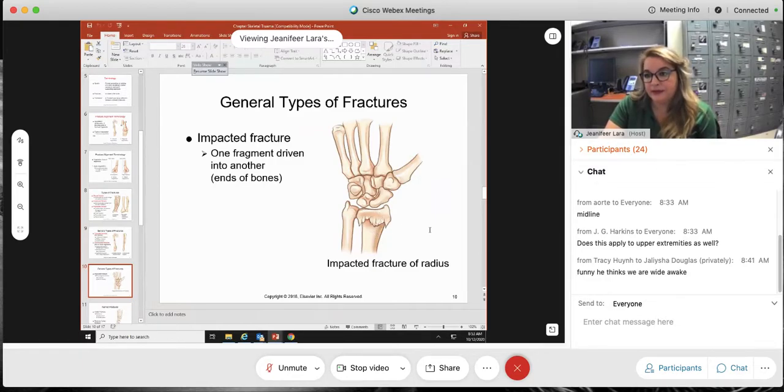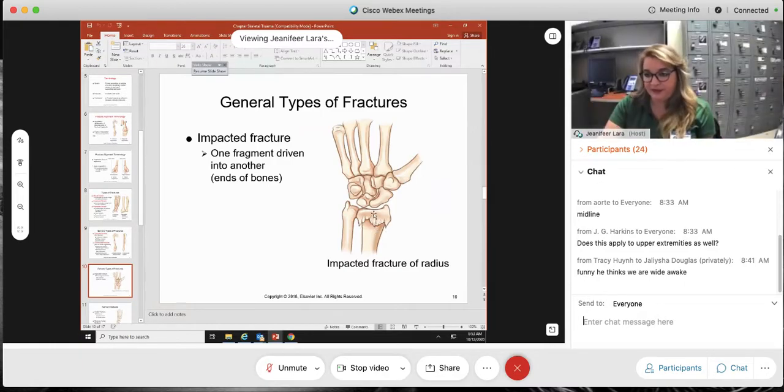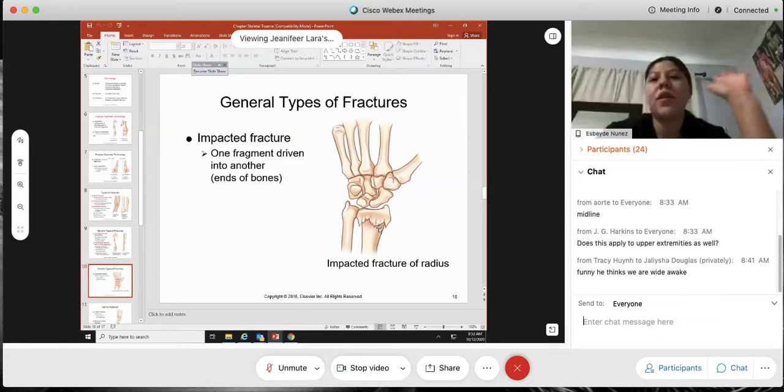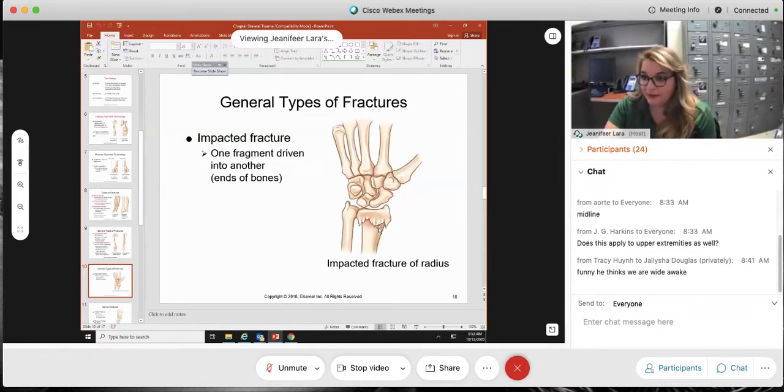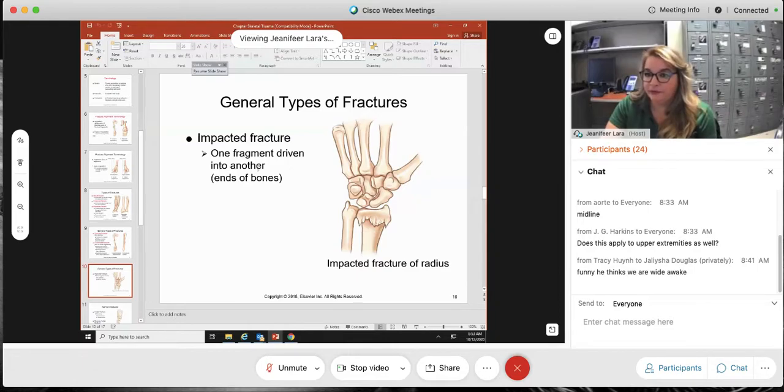What bone is this? Radius. Good. So the shaft of the radius went into the epiphysis of the radius, right? Or the base. What do you think happened here? We're falling and they put their hands out. They were trying to brace themselves, right? And this is called an impacted fracture, when one fragment is driven into another.